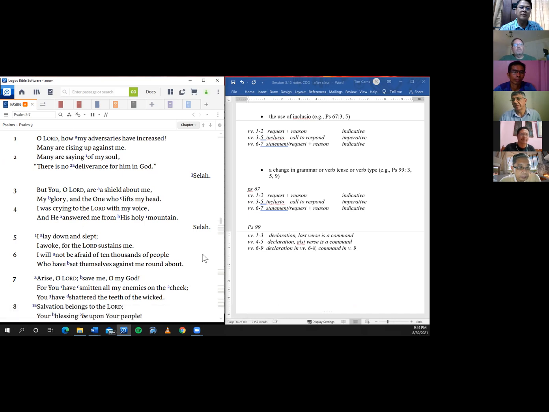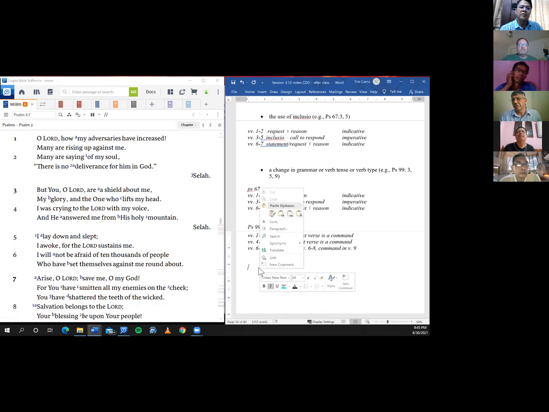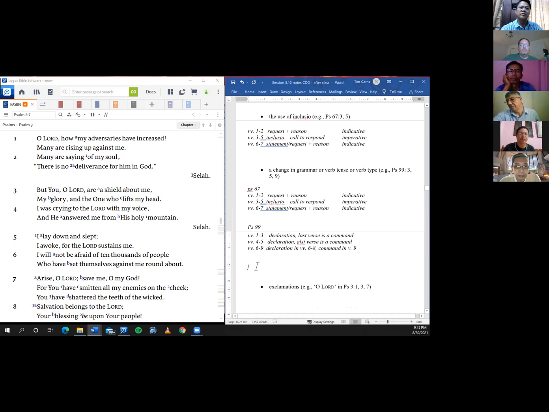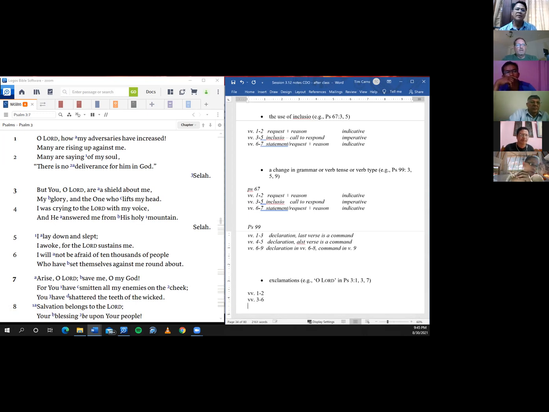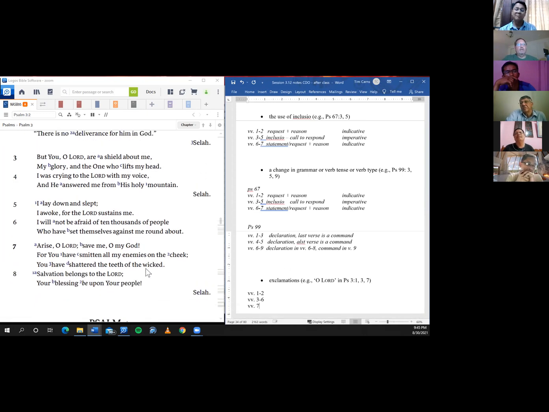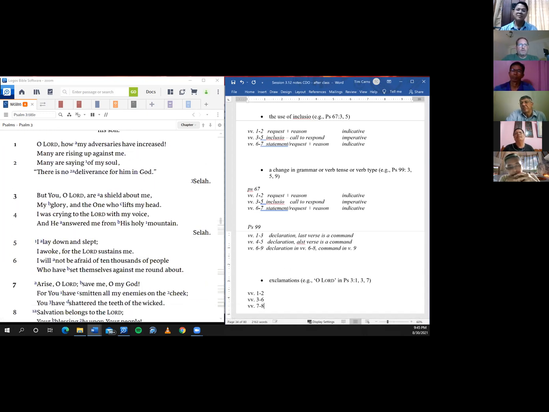I believe that these can be helpful in maybe showing us the structure here. Verses 1 to 2, verses 3 through 6, and then verses 7 and 8. Okay? And then as we look at this in more detail, notice verses 1 and 2 express the lament.